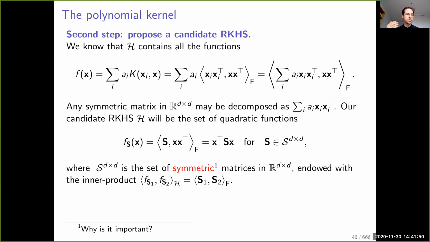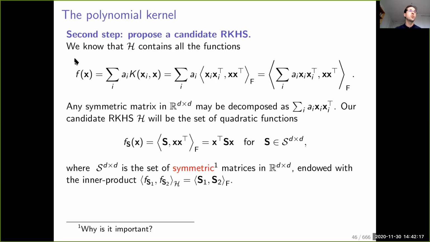We use the first property of the RKHS, which is that the RKHS contains the functions k_x. Remember that for all x, it contains the functions k_x. And given a collection of points x1 to xn, for any collection of points, it should contain all of the linear combinations of these k_xi.